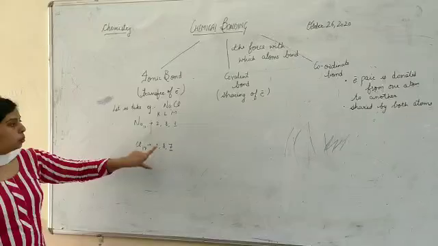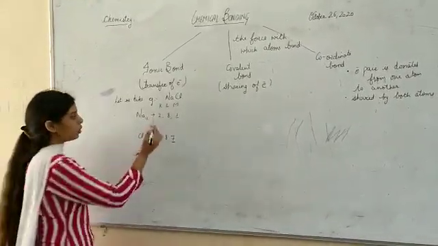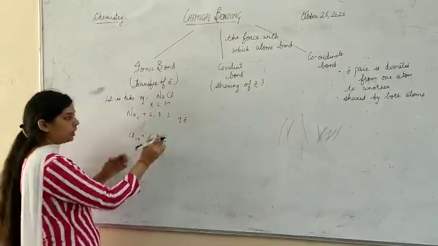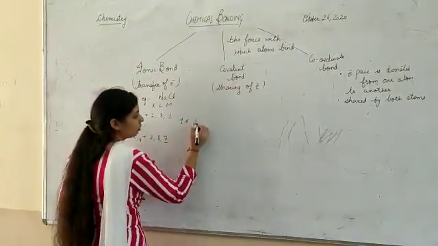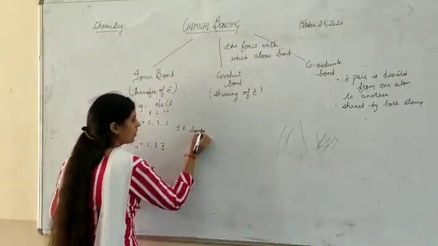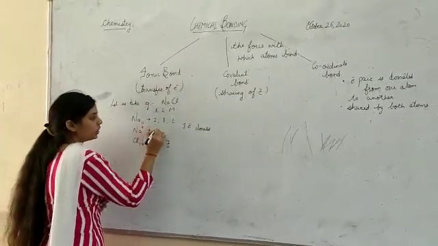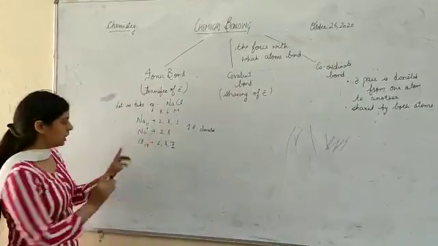According to the octet rule, in order to get stability, they must have the complete octet. So here sodium can donate 1 electron and chlorine can accept 1 electron. If sodium donates 1 electron, then it forms sodium ion with electronic configuration 2, 8, where the octet is complete.